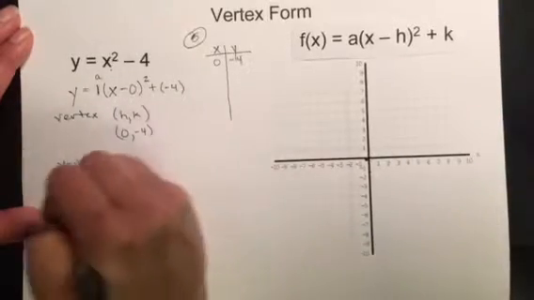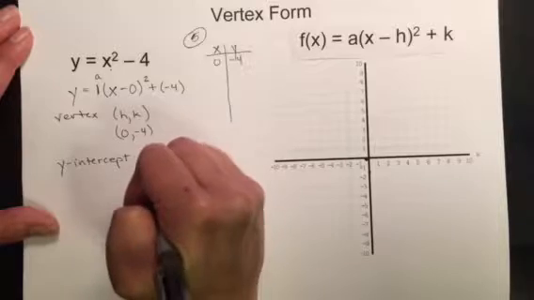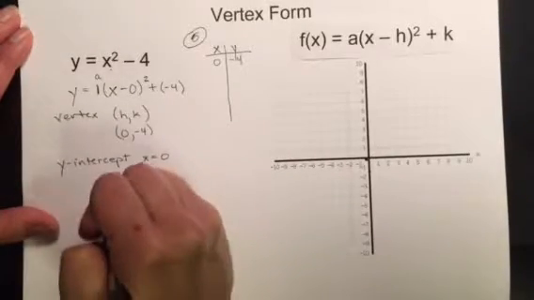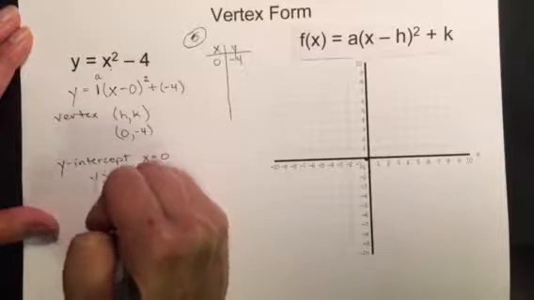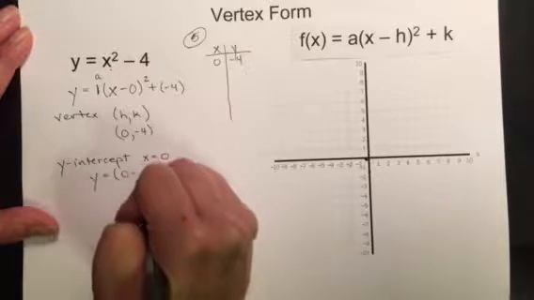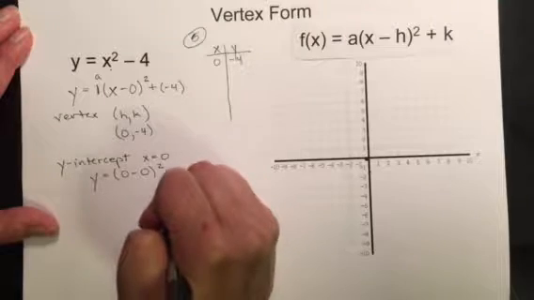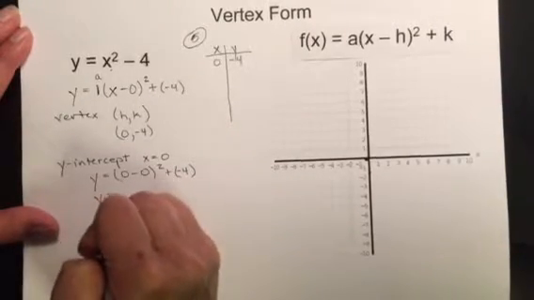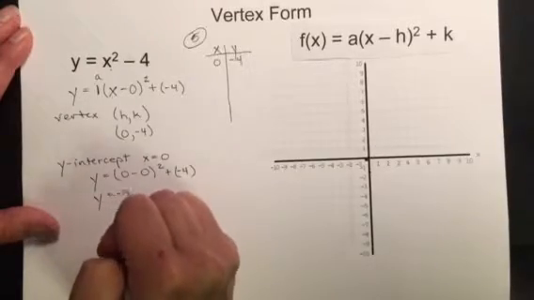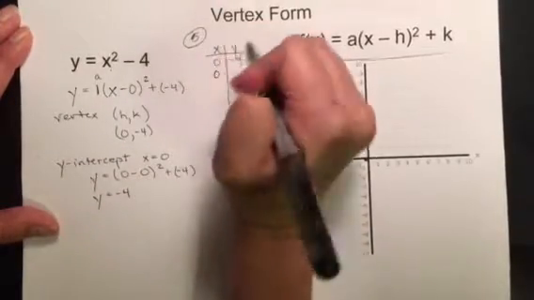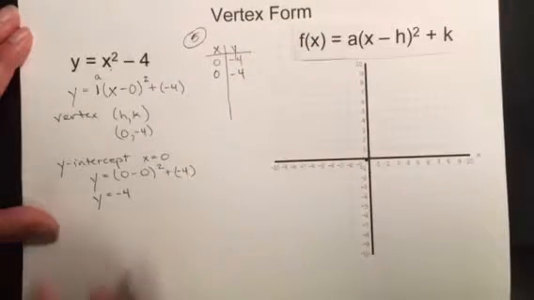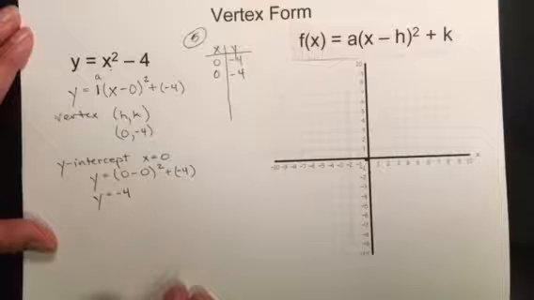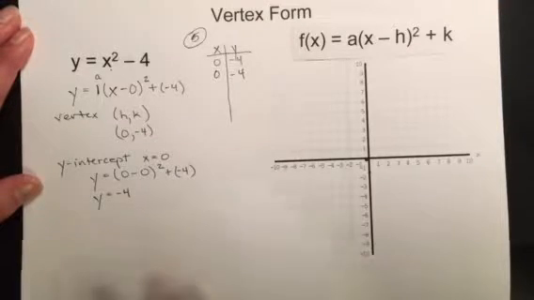So to find the y-intercept, x must be equal to 0. We're going to plug that into our function. So y equals 0 minus 0 squared plus -4. 0 squared is 0, so we have y equals -4. So the next point is actually the same point, right? My vertex is on the y-intercept.